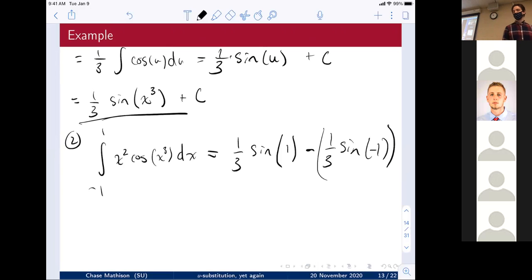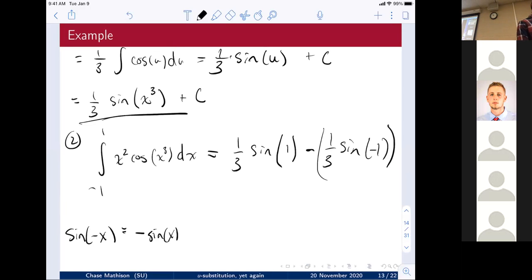I'm going to do a little bit of simplifying. Something special about sine is that for any x, the sine of negative x is equal to negative sine of x. This just means sine is what's called an odd function. It's symmetric about the origin.